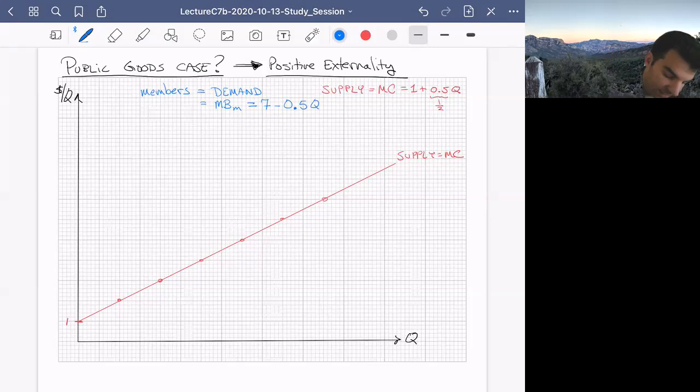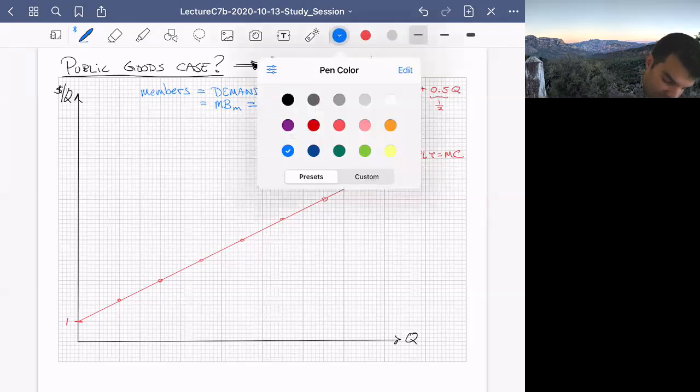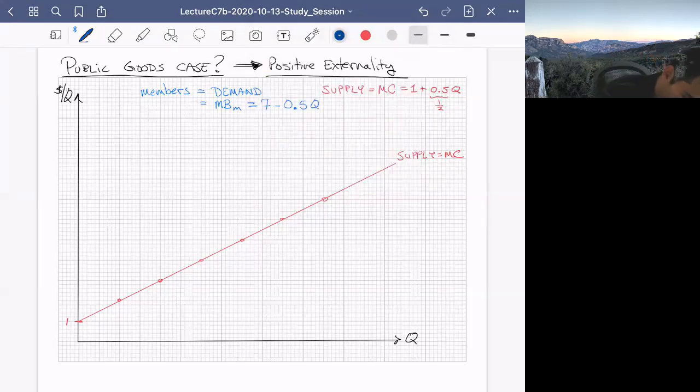And then we've also got a separate set of consumers that we'll call free riders. If I were to ask what their demand curve is, their contribution to demand is equal to 0, but their marginal benefit is not 0.